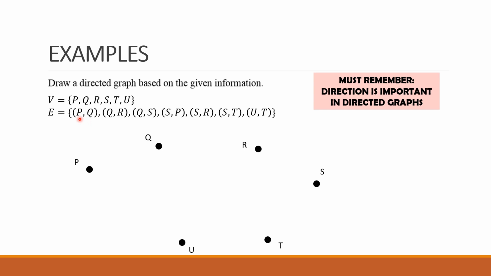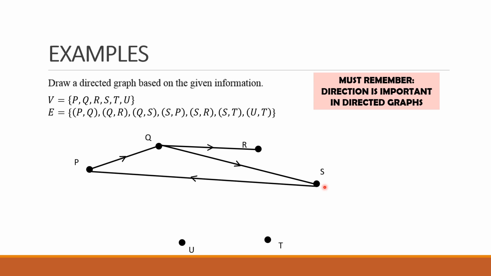So if it is written here PQ, meaning you have to draw an arrow from P going to Q. That's it. And then QR means from Q going to R. QS, Q going to S. SP, S going to P. So the arrow here is very important.